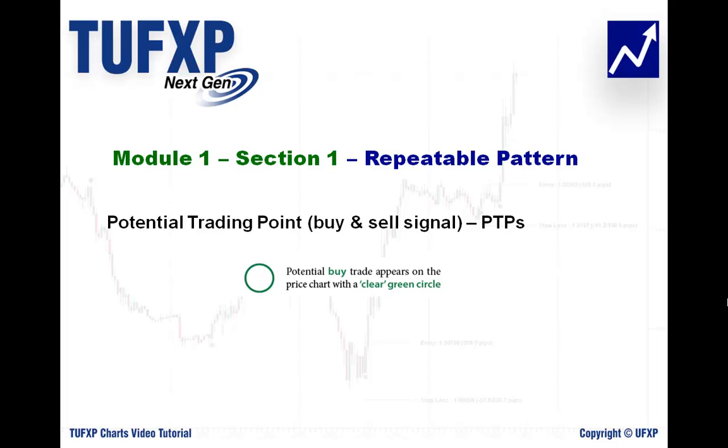This means that prices hopefully will rise following the trigger point, and if we're looking to sell the market, the trading strategy will alert us to a potential sell, lower prices, with a clear red circle.